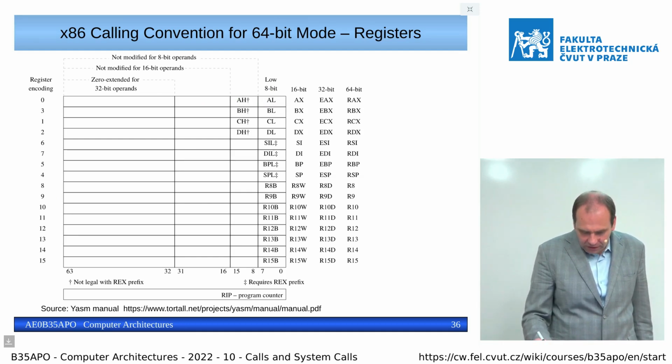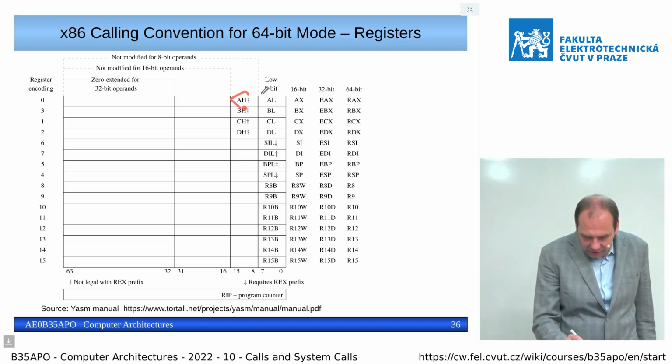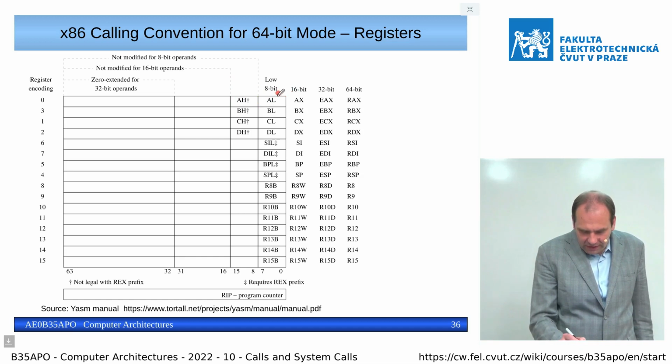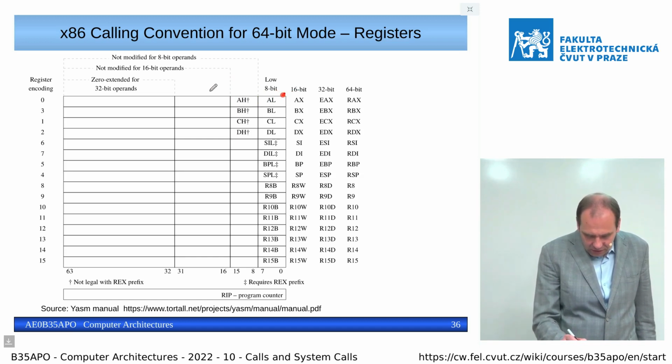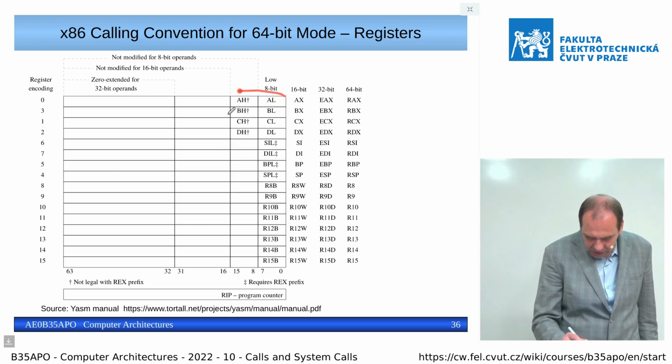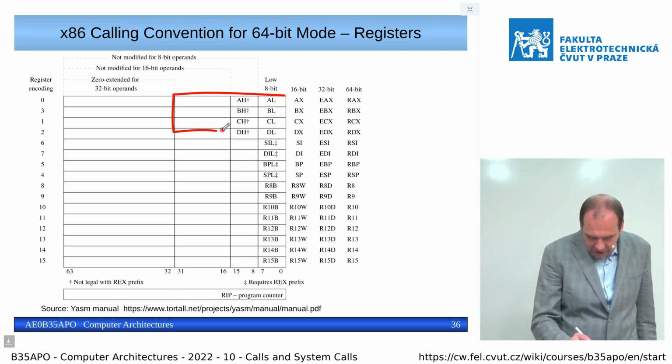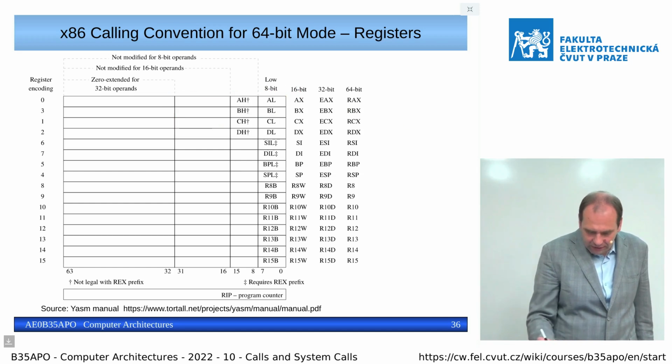Some registers can be accessed even as the 8-bit in the middle, but only some. Most or all registers can be accessed as 16-bit, or as 32-bit, or as 64-bit.